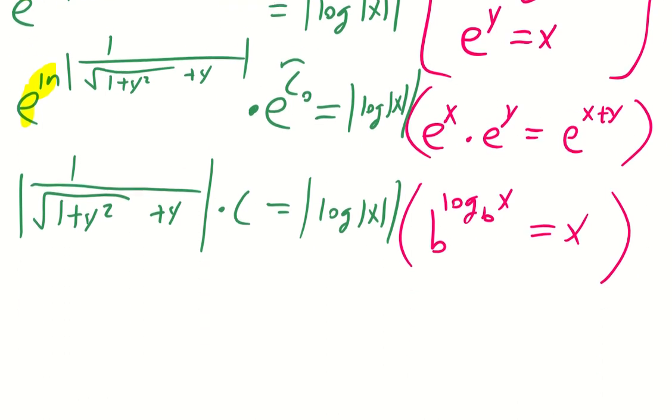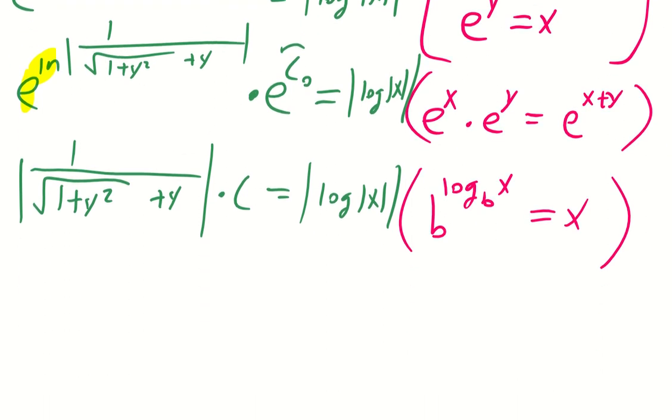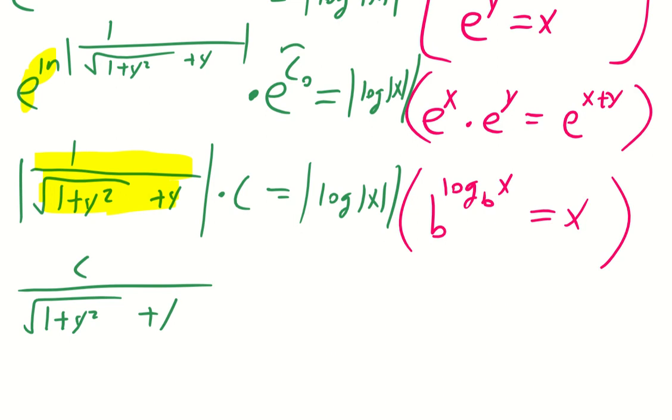All right, let's deal with these absolute value signs. Can we do anything here? Can we simplify? If we consider this expression right here, what is the range? Can we ever get a negative answer? The answer is no. It's always going to be positive, so we can drop the absolute value signs. So now we have c over the square root of the quantity 1 plus y squared plus y. And now we have a lot of absolute value signs here.